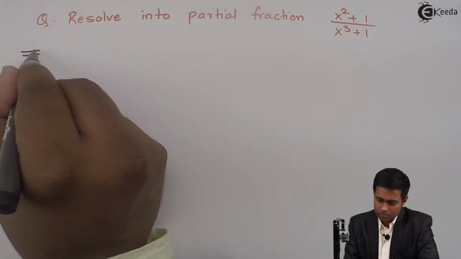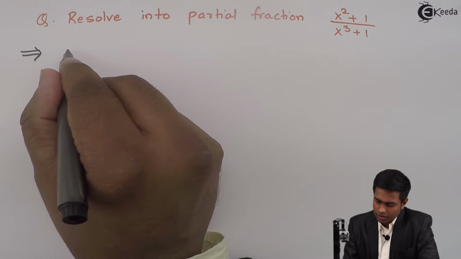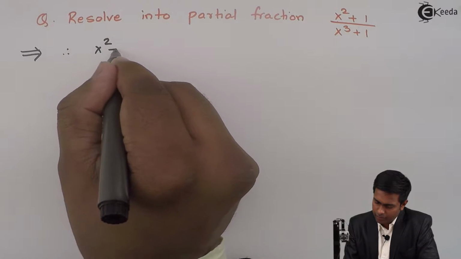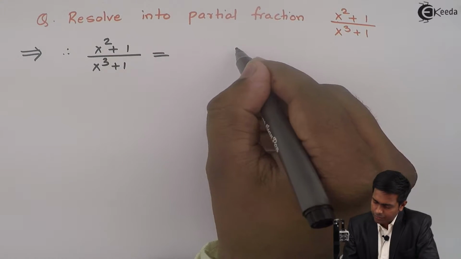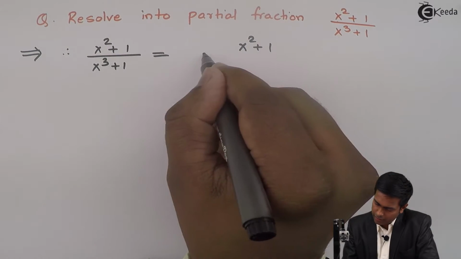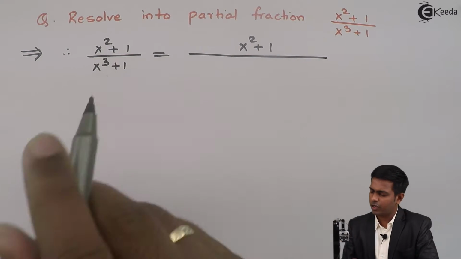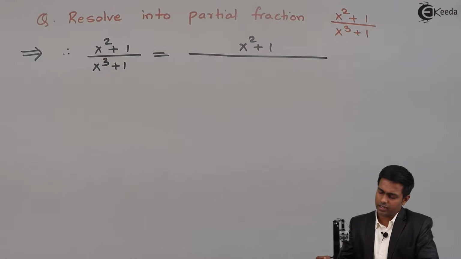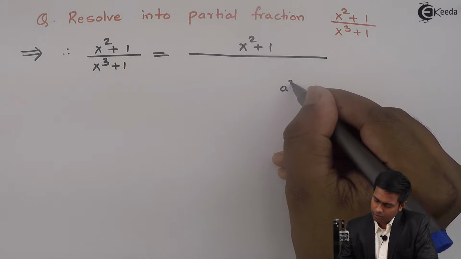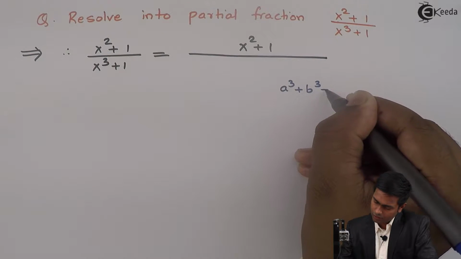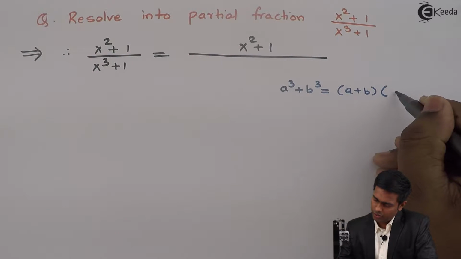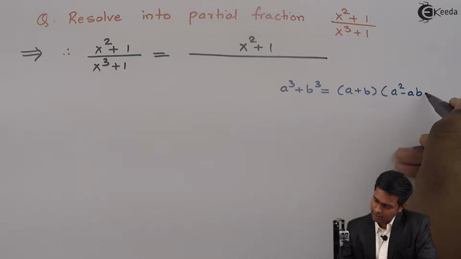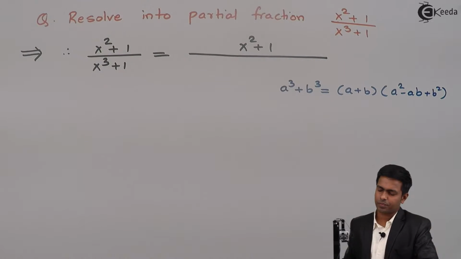So here we will say therefore x square plus 1 upon x cube plus 1 equal to, now x square plus 1 will remain as it is. Now for this denominator we will be using the formula a cube plus b cube, which is a plus b into a square minus ab plus b square.